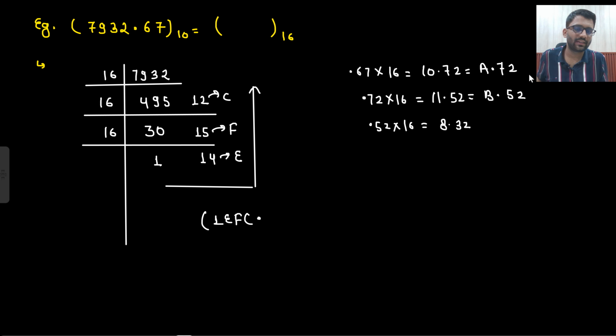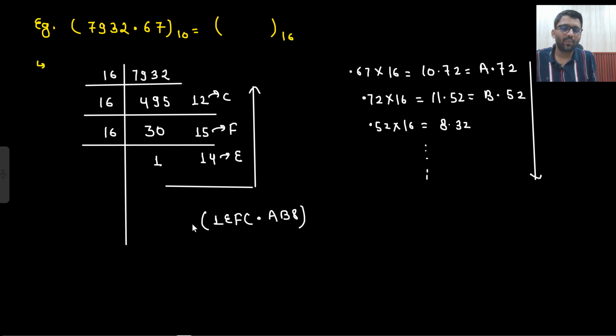You can keep on doing that, but we need to write only a few steps. We need to look at only the integer part. What is that? That is A, B, 8.